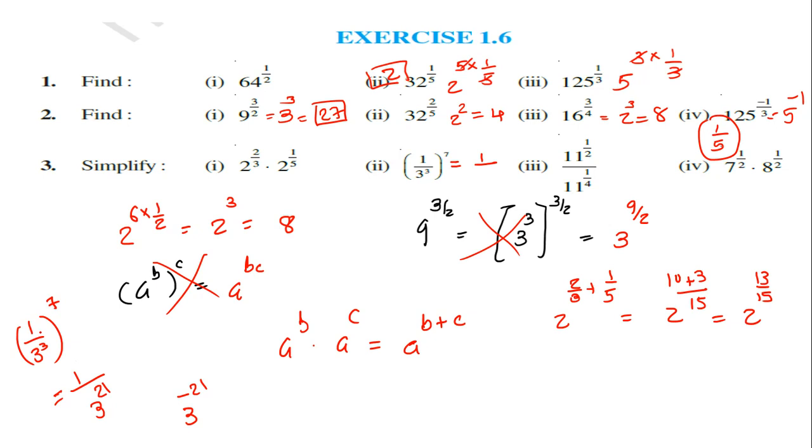Once any power of 1 is 1 only, and for the denominator it will perform 3 as it is, but this rule will be applicable: a raised to b into c, so a raised to bc, so 7 3s are 21, so 1 upon 3 raised to 21. And if you write in numerator format, then this 21 power will become negative, so 3 raised to minus 21. That is why I asked you, because the answer can be in this format, 1 upon 3 raised to 21, and can be in this format also.